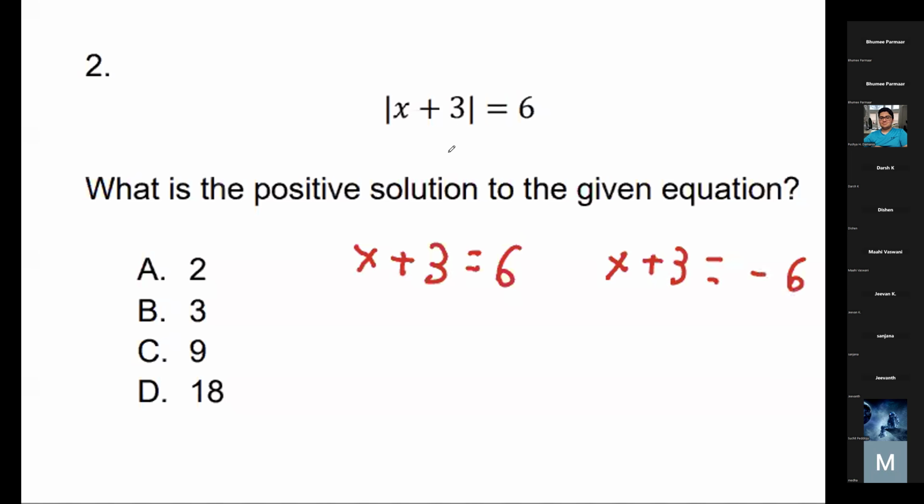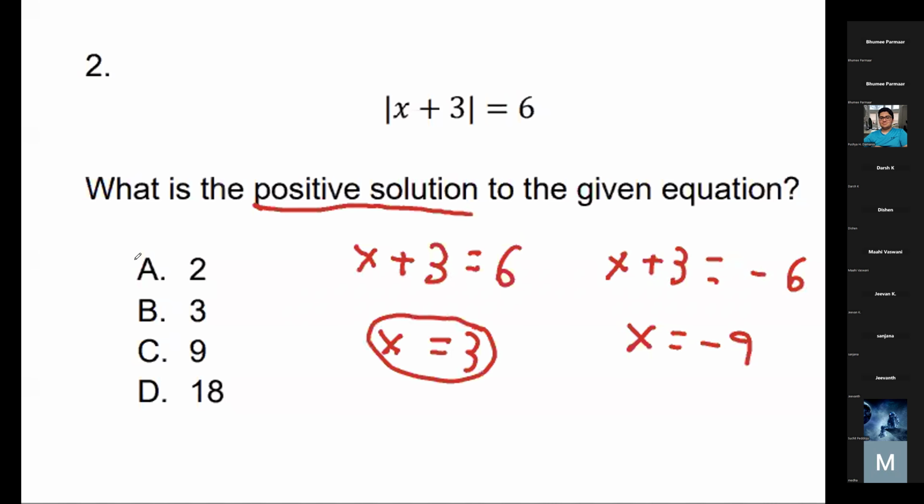For an absolute value function, these would be the two solutions where to get rid of the absolute value, you'd have to take the positive and negative of the other side of the equation. And so for this one, we would subtract 3 from both sides, which would get us x equals 3. And for this one, subtract 3 from both sides, and you get x equals -9. And so it asks, what is the positive solution to the given equation, which would be x equals 3, or answer choice B.